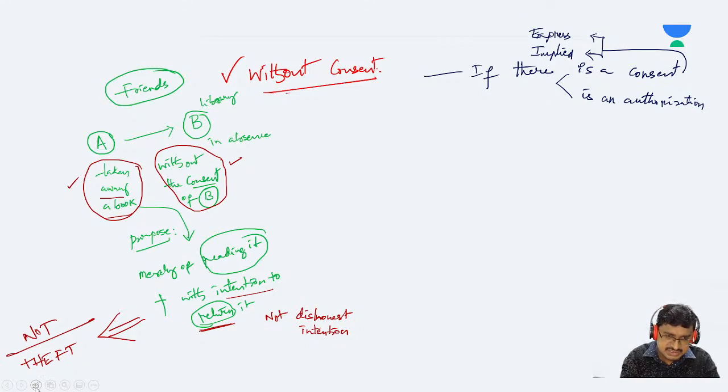Now let us see some other illustration, friends. Okay.